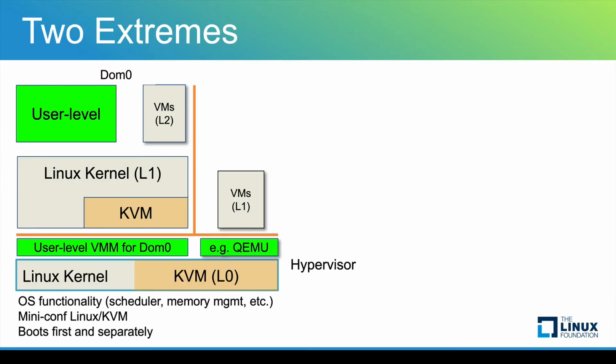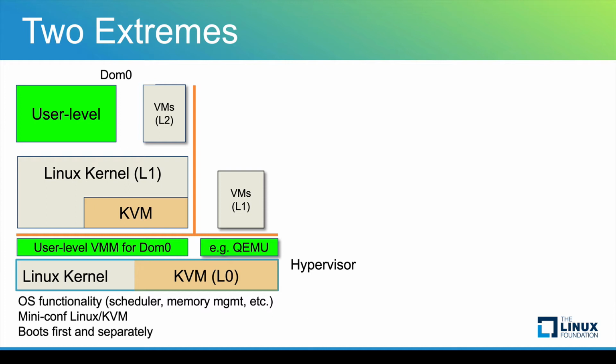And in terms of implementation, we have two extremes. I'm talking about the hypervisor implementation. One extreme is to use a minimally configured Linux plus KVM. Since it's Linux, although it doesn't have an I/O device driver, it's basically an operating system.